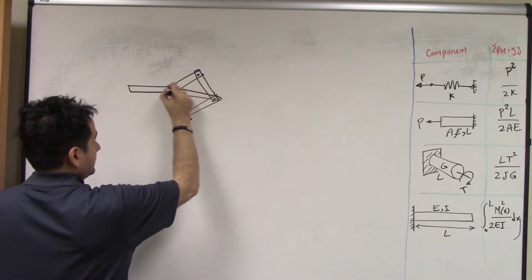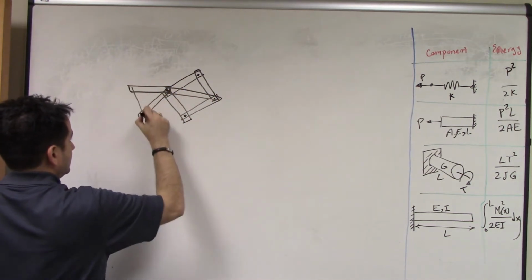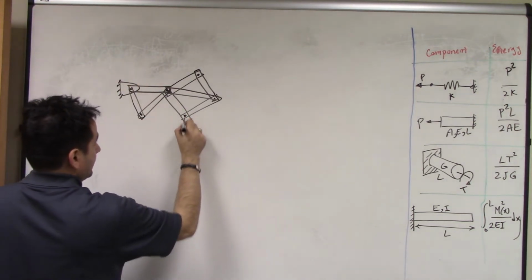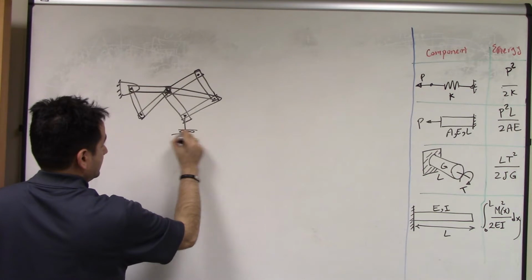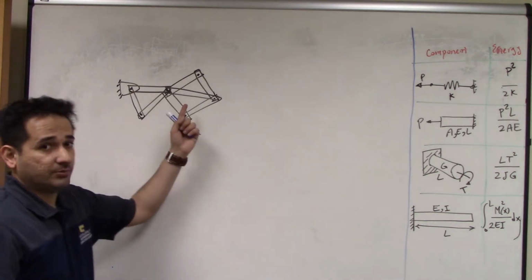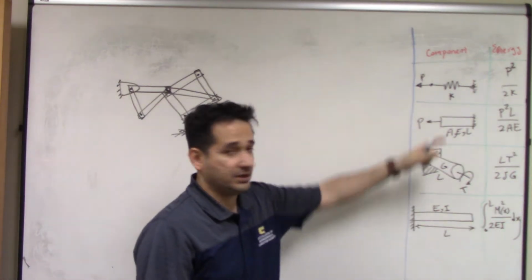Each one of these members, for example, is a bar. Okay, each one of these members is a bar, it is not a beam, it is a bar.